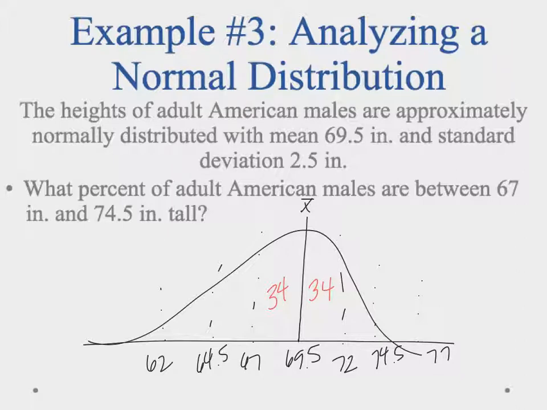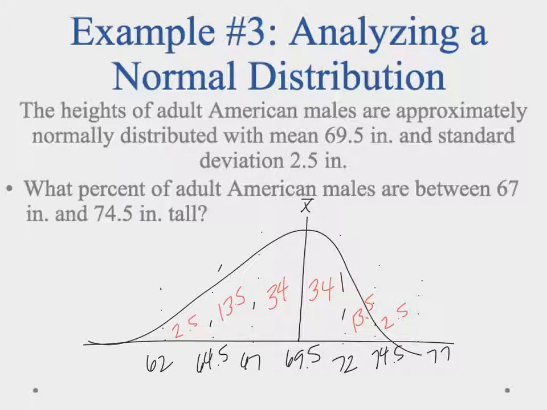If I already have 68, 95 minus 68 leaves 27% that you have to split between 2 sides. So that's going to give you 13.5 here and 13.5 here. Now, if that's supposed to be 95%, then what's left over to get to 100%, or as close to 100% as we can, would be about 5%. So we're just going to go ahead and round and say this is about 2.5 and this is about 2.5.